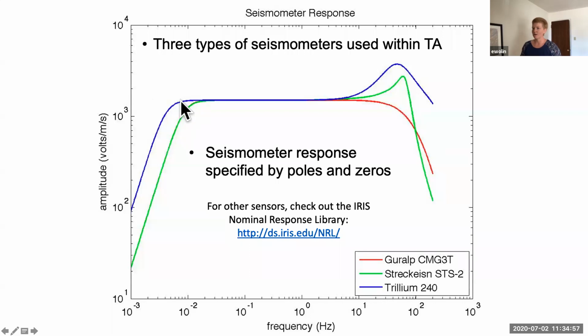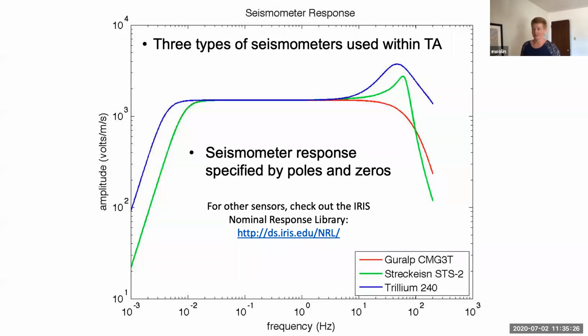This Trillium 240 has a slightly wider flat band that goes all the way out to 240 seconds. They also have very different high frequency responses. And this is something that, as people are starting to push into higher and higher frequency applications, more care is being paid to. I think this is just showing the seismometer response here, but you can see that they all start to roll off at high frequencies.